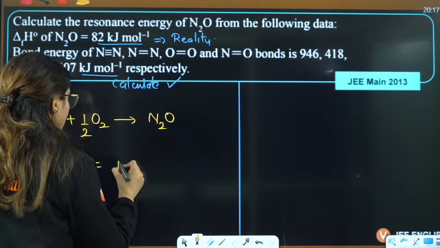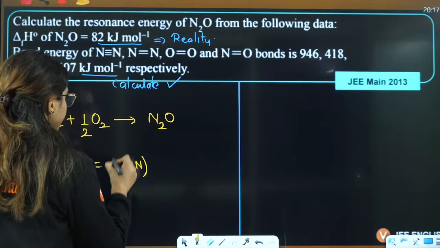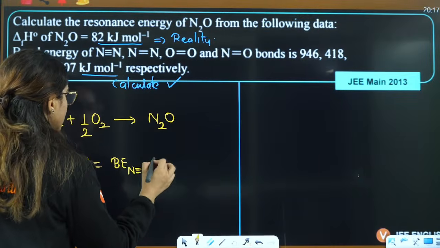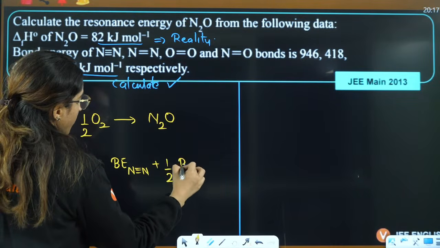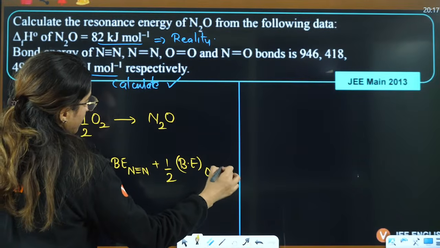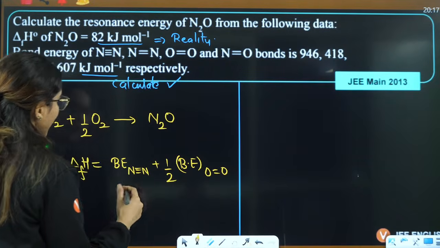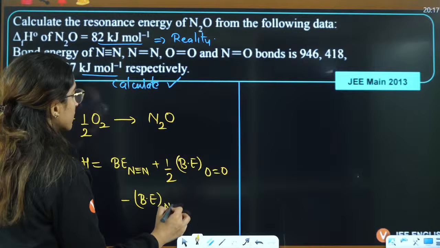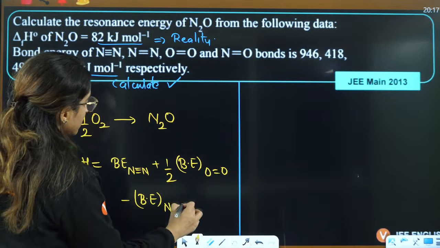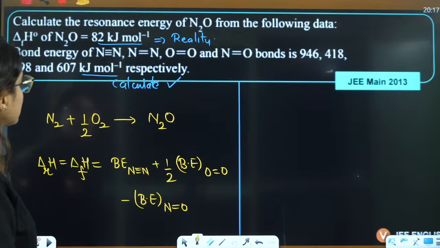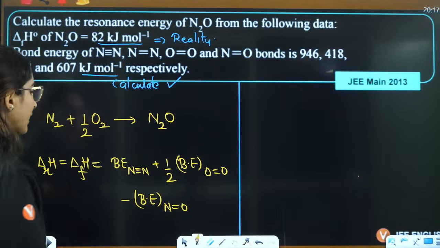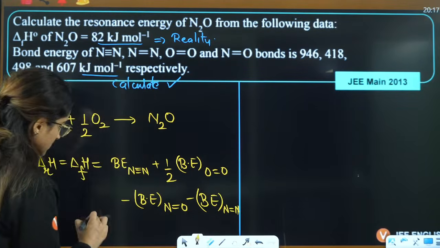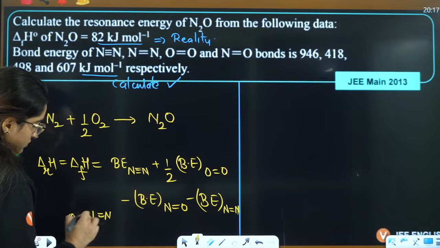So it will be the bond enthalpy of N triple bond N, plus half into the bond enthalpy of O double bond O, minus 1 into the bond enthalpy of N double bond O, and minus the bond enthalpy of N double bond N.